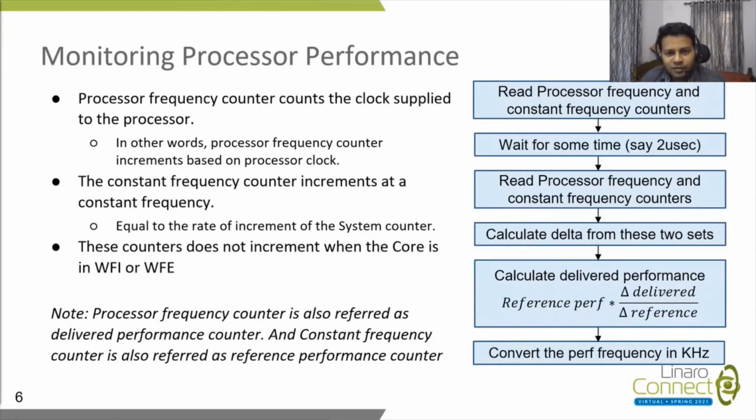Once the delivered performance is available, it can be converted into frequency and sent to the OS. One thing to be noted is that the AMU counters will not increment the count when the respective core is in WFI or WFE.